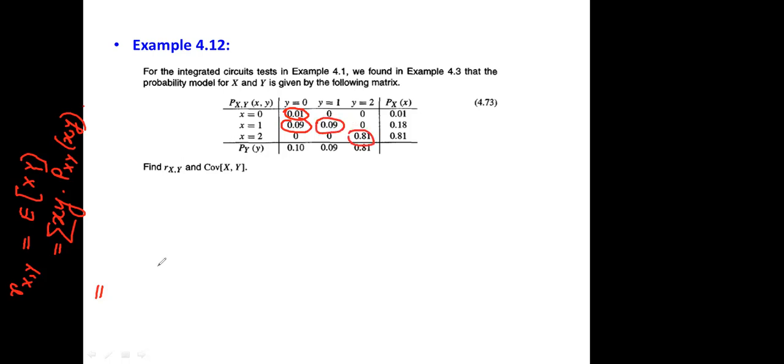So definitely we have 4 multiplications to do with their xy values. When I'm talking about this 0.01, its corresponding value is x equal to 0 and y equal to 0. So if you multiply with this probability, that will be equal to 0. Isn't it? Yes, sir. So we don't need to put it here.